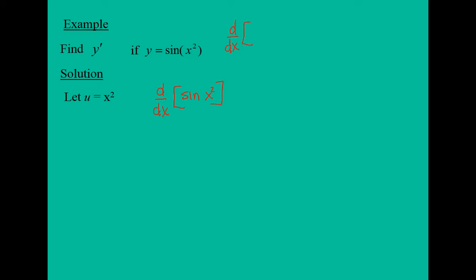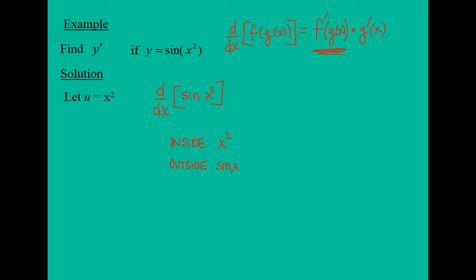If we have the derivative of an f of g of x, that's the derivative of the outside function, leaving the inside function alone, times the derivative of the inside function. So let's use that on this one. The inside function would be x squared, and the outside function would be the sine of x.